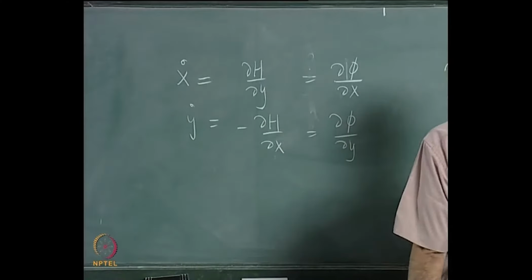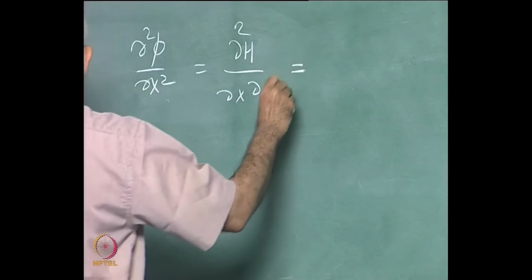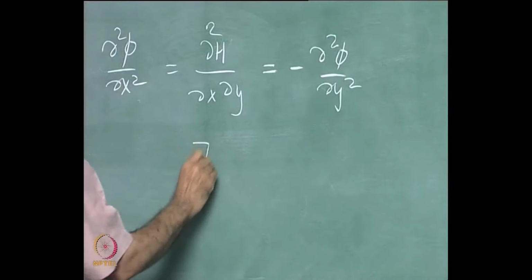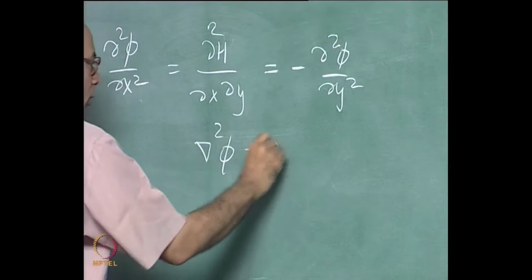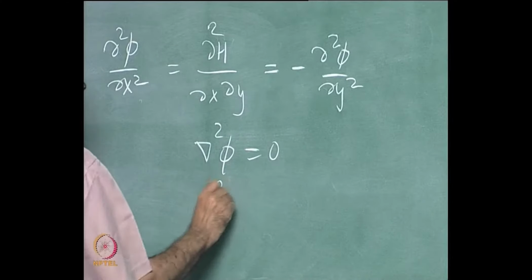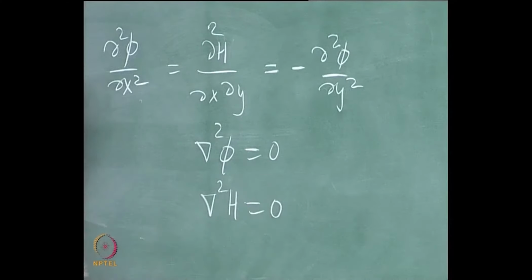So this would end up being equal to, in other words, del squared phi equal to 0 in 2 dimensions, and similarly for h. This will also imply that del squared h is 0, which is certainly possible.